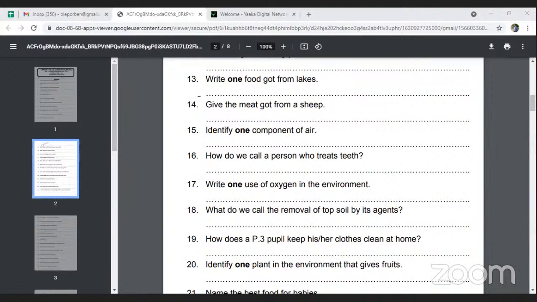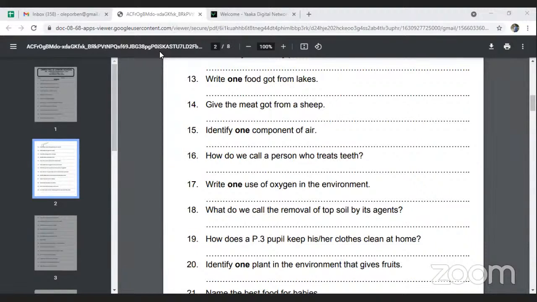Any one plant, everybody will tell me one. The one they love most. Asante? Apple tree. Jemaya? Mango tree. Shadrach? Pawpaw tree.